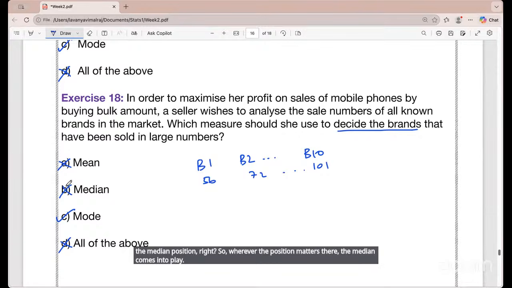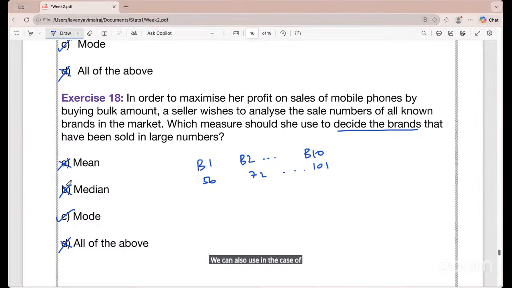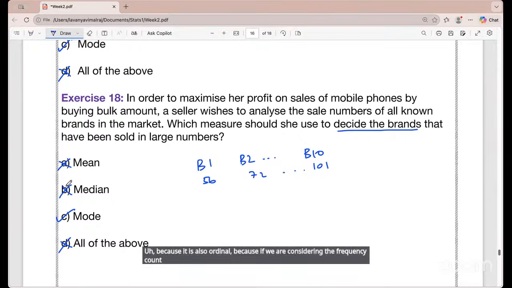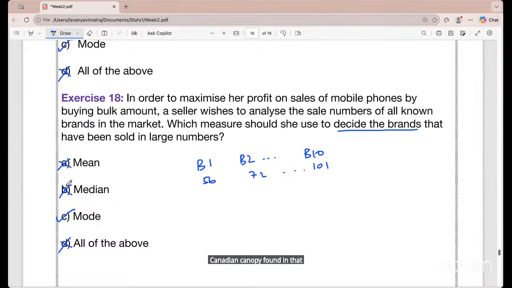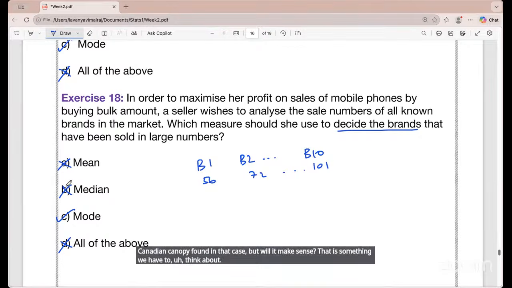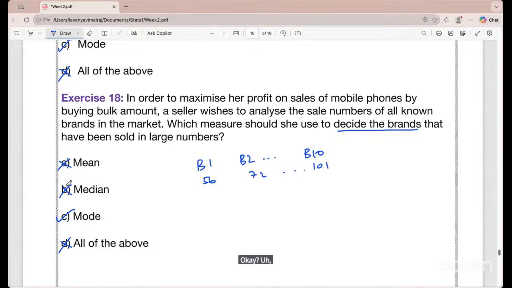We can also use it in the case of grades obtained by the students, because it is also ordinal. If we consider the frequency count of all the students who got something, the median can be found in that case, but will it make sense? That is something we have to think about. Why do you want to look at the median of a grade?